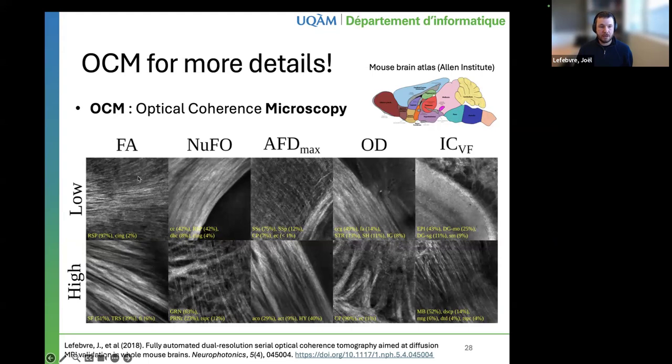So these images are what we call optical coherence microscopy. The resolution is about 1 micron per pixel. For example, for NUFO, the number of fiber orientations, if we are in the CC, in our microscopy images, we see a single direction. But if we are in a different location that has high NUFO values, we see fibers going up and down, left and right.